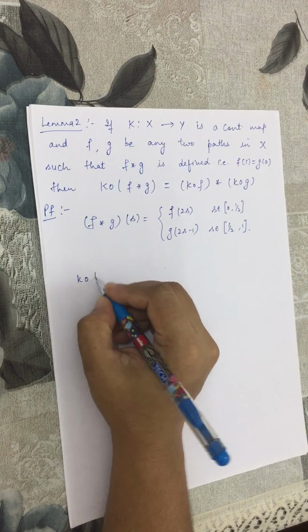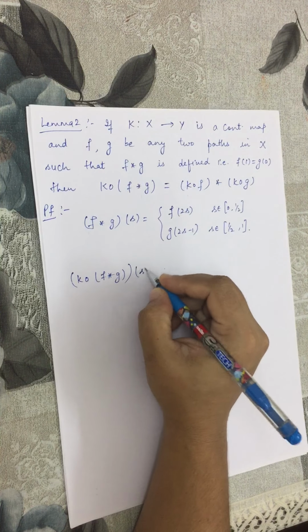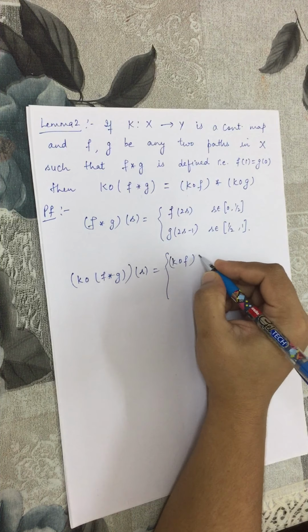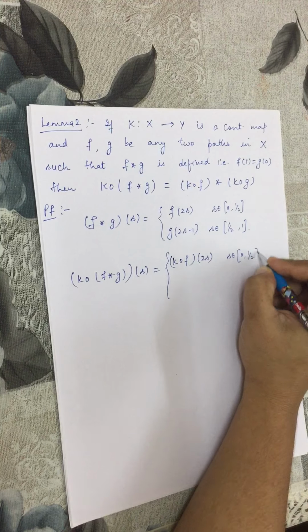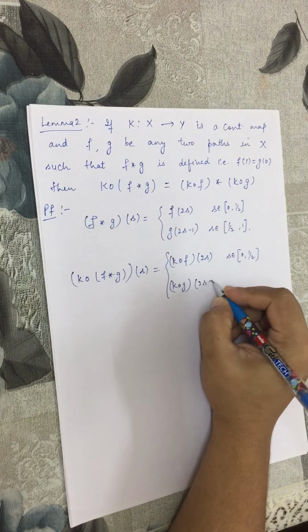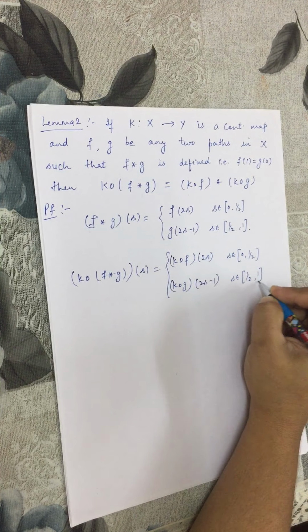Then the composition with k of this path will be just equal to k circle f of 2s at the first half interval and k circle g at 2s minus 1 for the rest half interval.